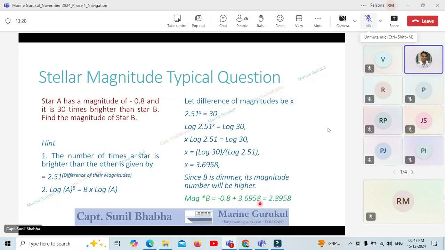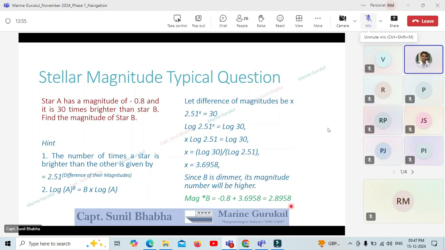The difference between the two is 3.6958. This is the difference between magnitudes of A and B, and magnitude of B has to be greater than the magnitude of A. So what we do is we add this difference 3.6958 to the magnitude of A, which is minus 0.8, giving us a value of 2.8958.